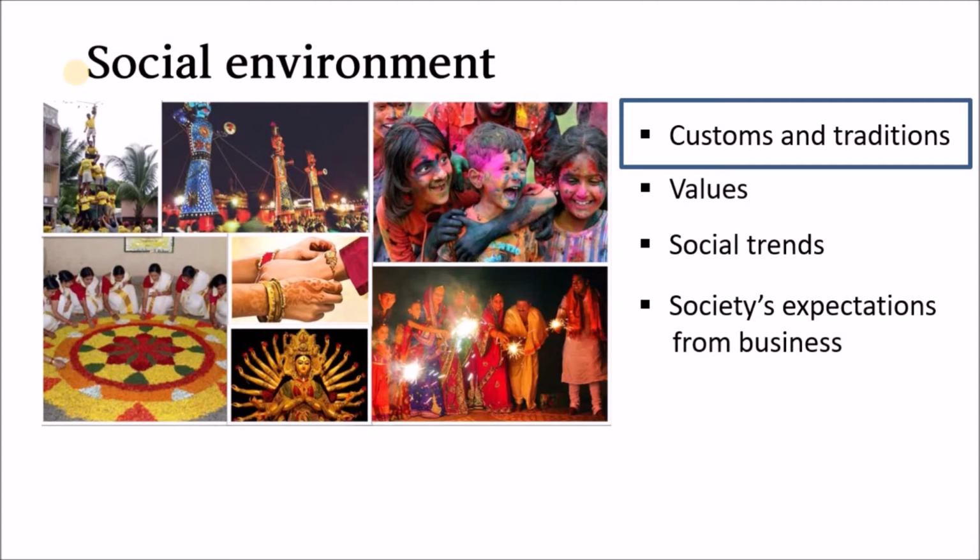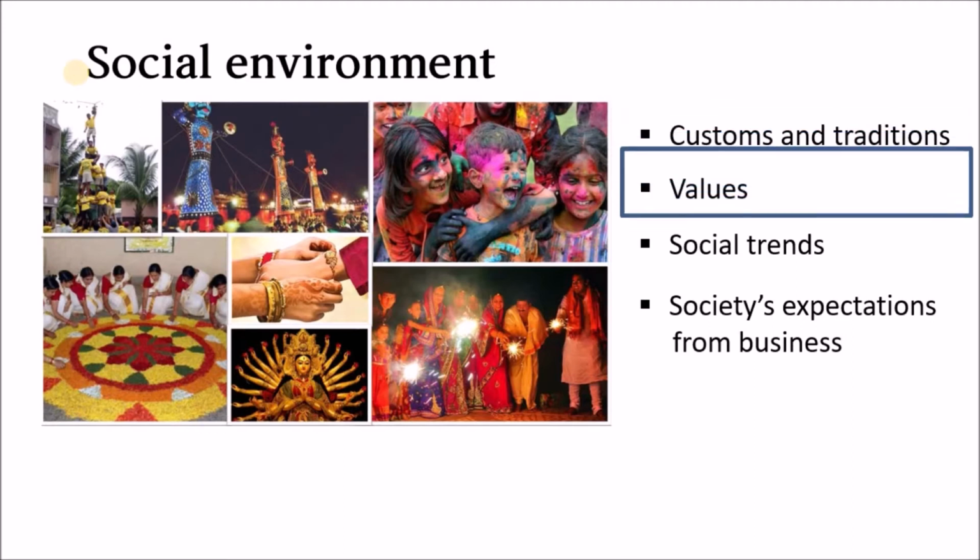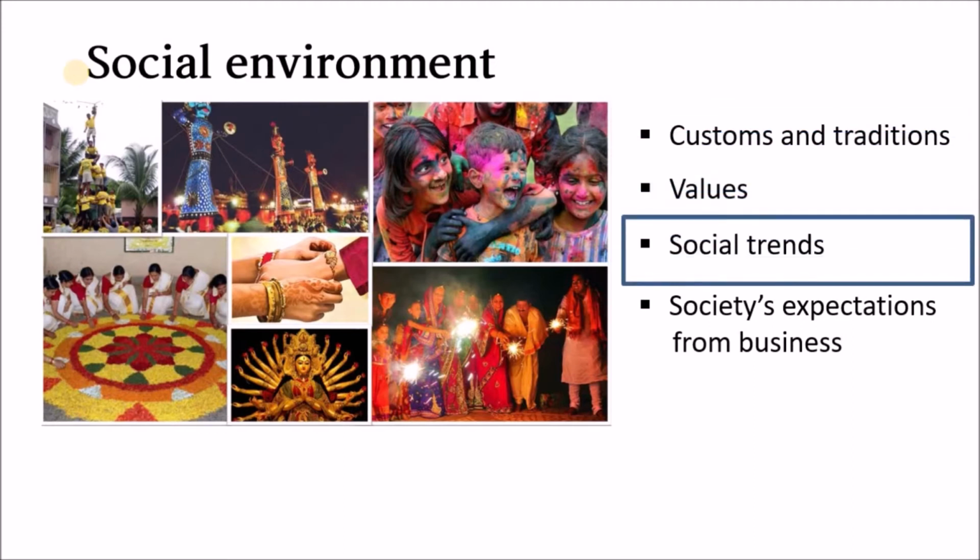So these traditions and customs have a major impact on the working of business, and they all come under the category of social environment. Similarly, the values or the value system of the people which is there in our society plays a major role on how business has to operate. Then if we talk of social trends, business has to keep in mind the trends which are there in the society.